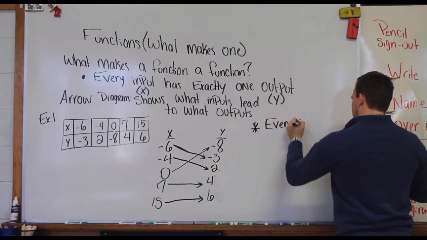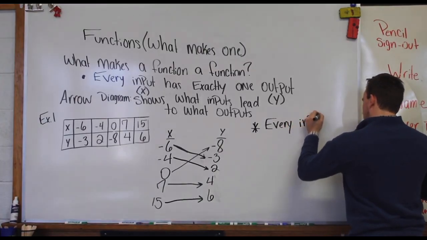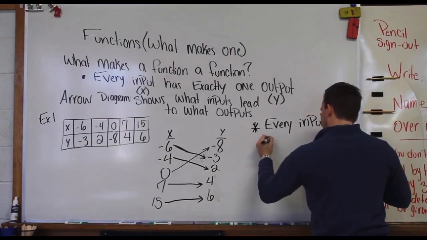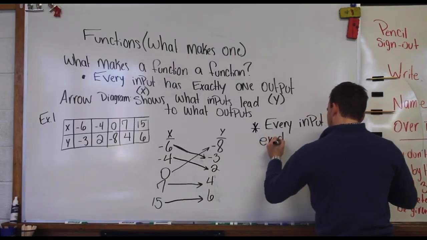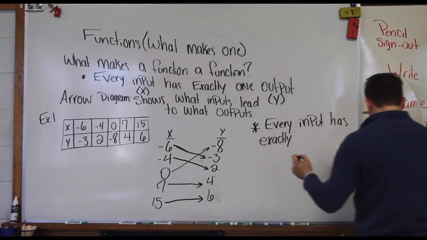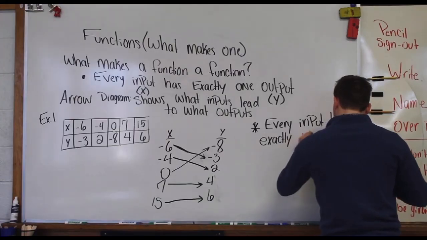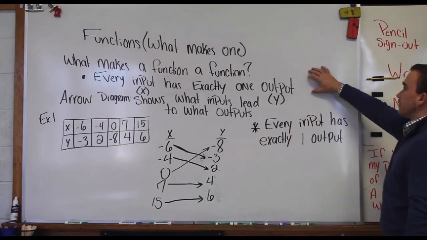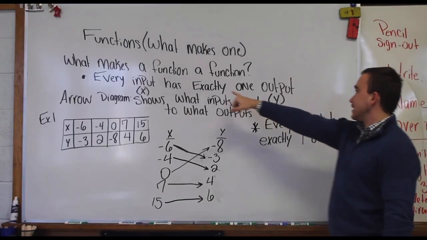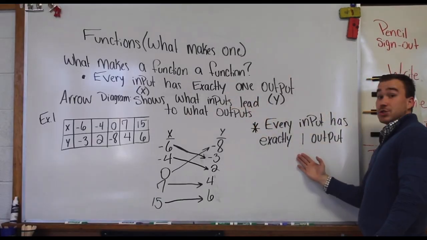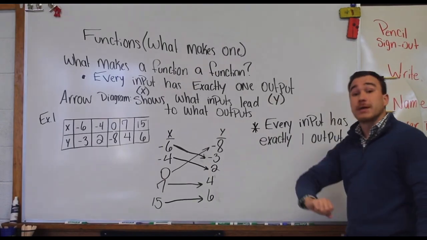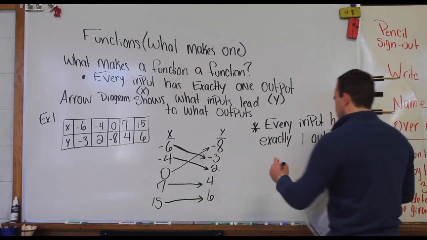Every input has exactly one output. And because of our definition of function, every input has exactly one output, and that is true in our example 1, this system can be named a function.